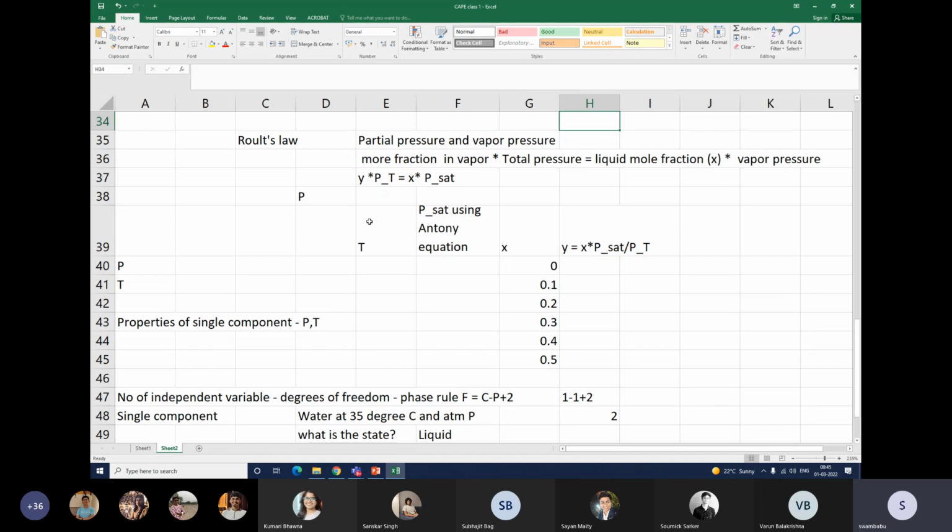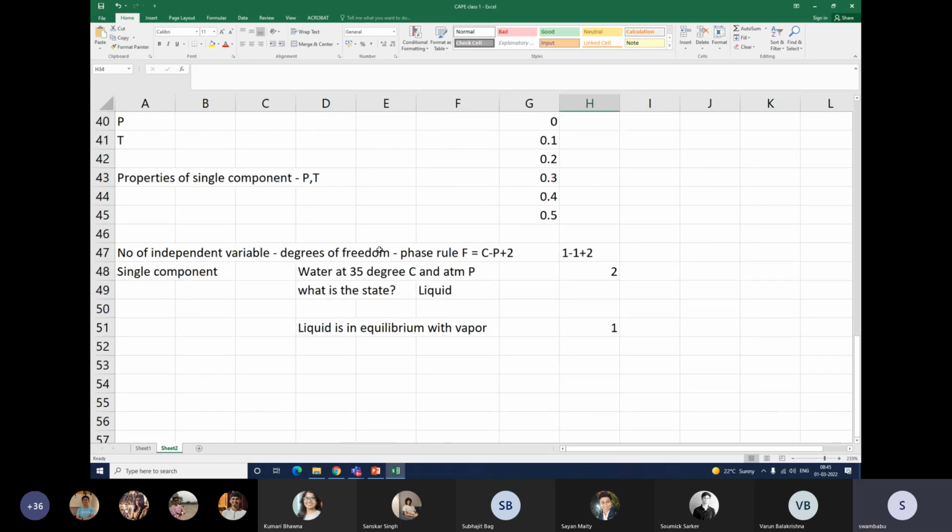That's why it is called TXY or PXY data. So I hope you are understanding how the degrees of freedom is explained. For a single pure component, we need to know two properties.